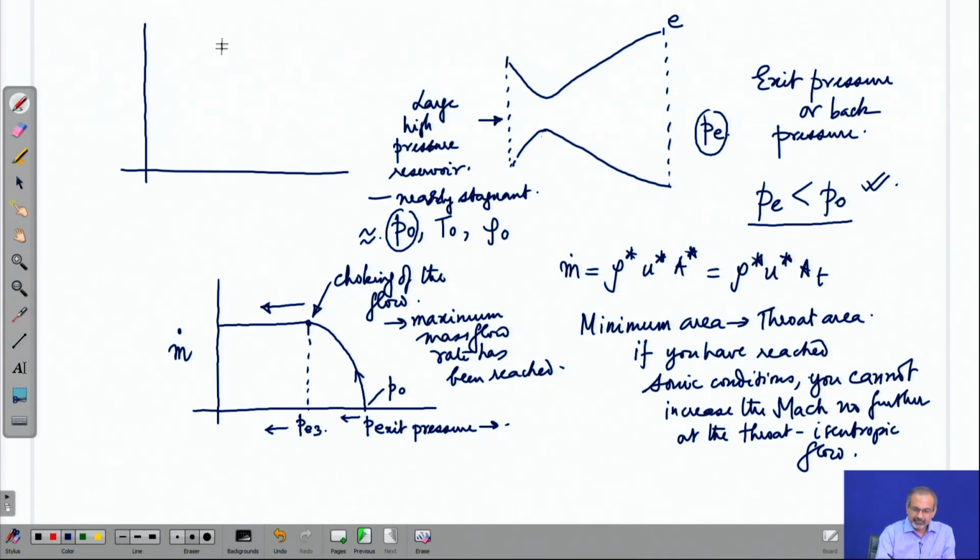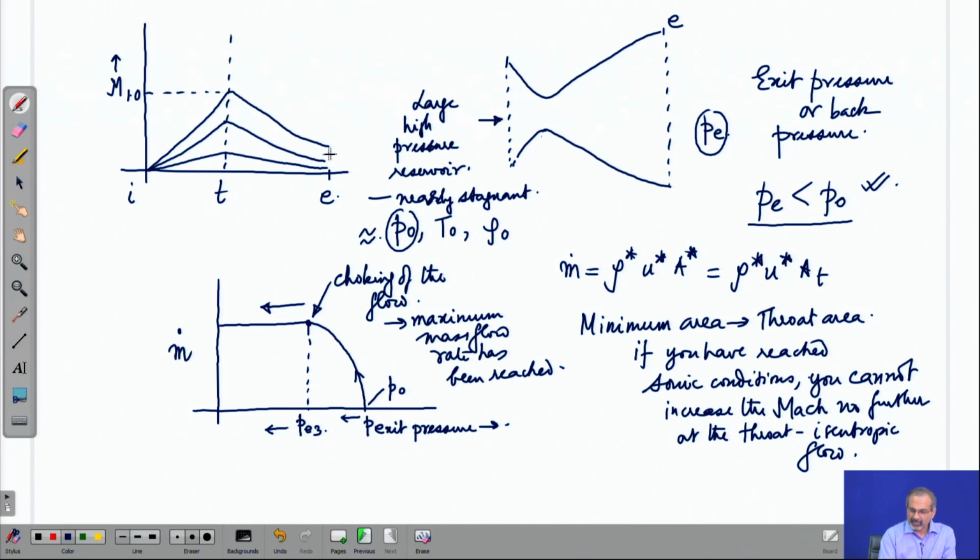Okay? And if you were to look at the Mach number variation, for example, through the tunnel at inlet, throat and exit, this is how the Mach number would change gradually till it reaches sonic condition at the throat. Every time maintaining subsonic condition in the downstream side. So, as you can see, only at the throat Mach 1 has been reached, and that is this point.